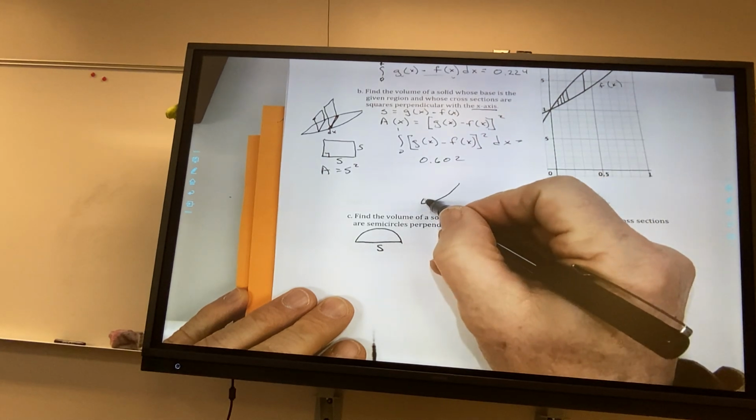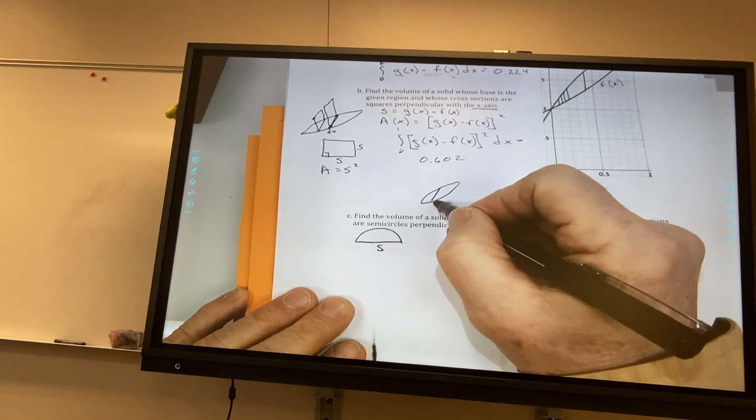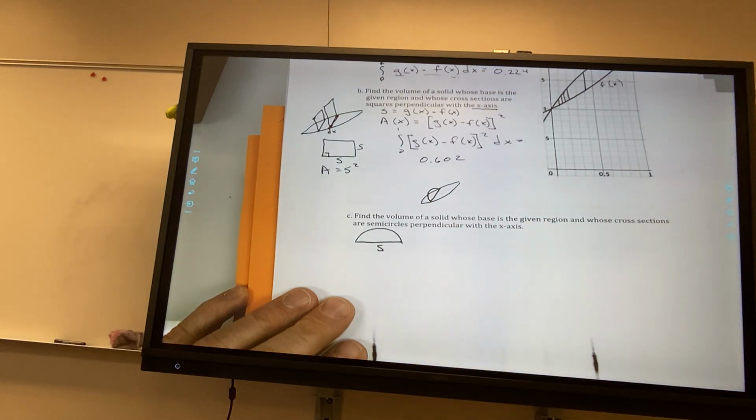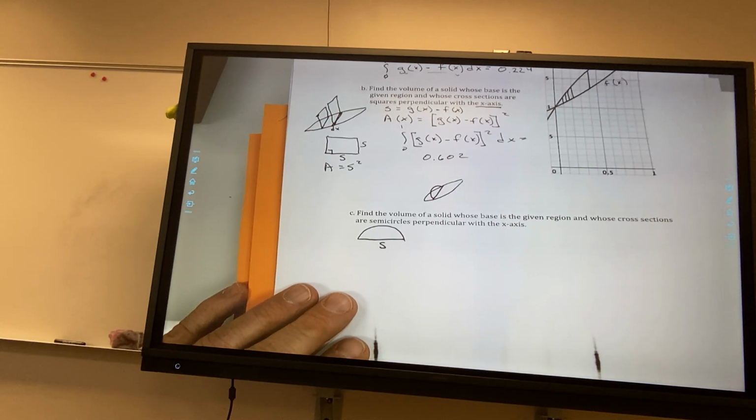So here's my graph, here's this. Let's see if I can draw a semicircle. So it's coming up like that. Does that make sense? I practiced this like every 2 weeks this summer when I was supposed to be listening to something I didn't want to listen to.